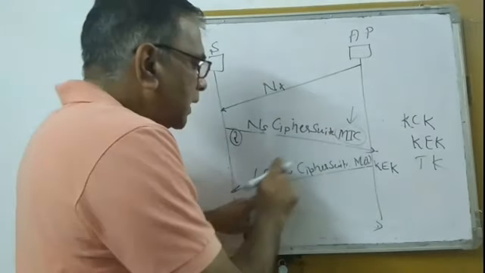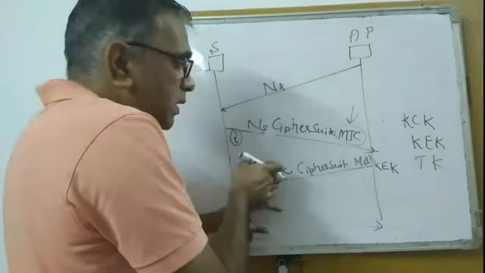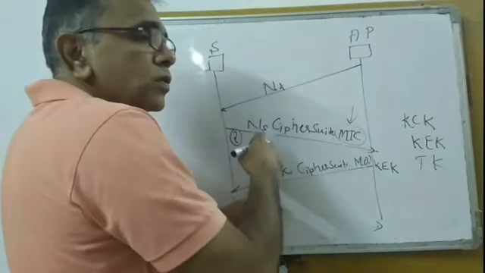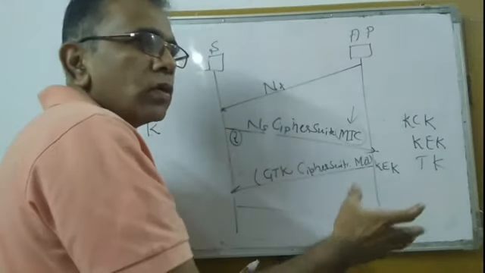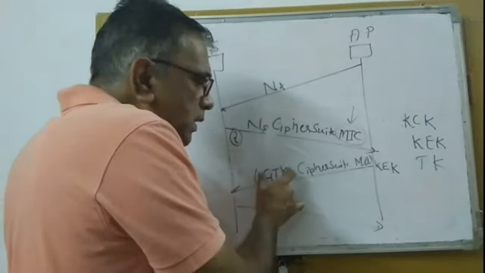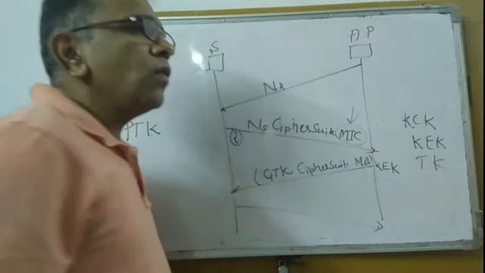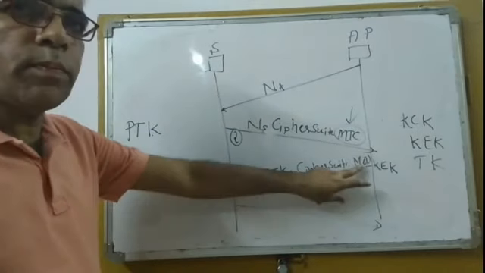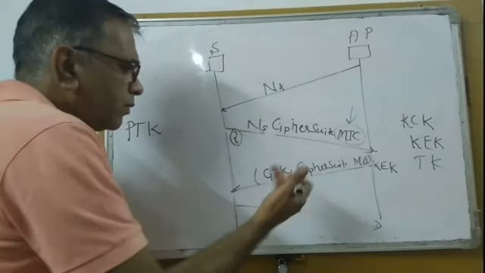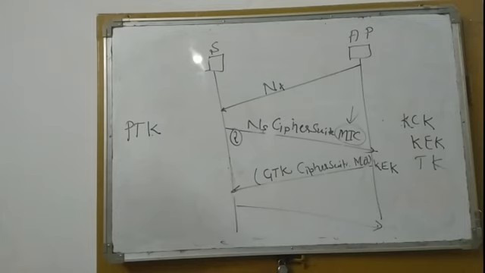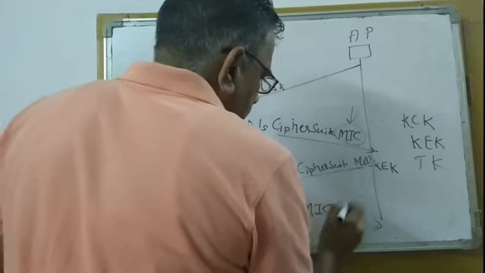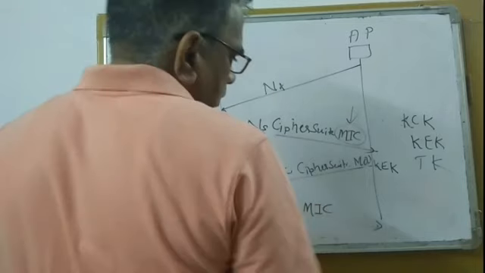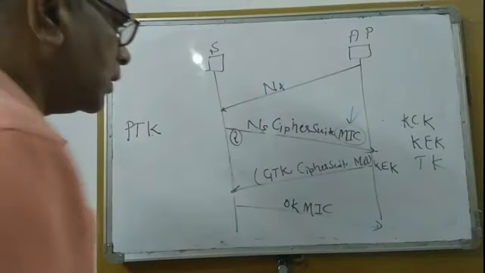GTK is also sent along with this information, so it is not supposed to be known to other parties or some rogue machines. To protect this GTK from unwanted users, it is encrypted with the help of KEK. Then the whole thing is confirmed. To say that authentication is successful, it sends an acknowledgement, a message authentication confirmation, and your MIC is sent.